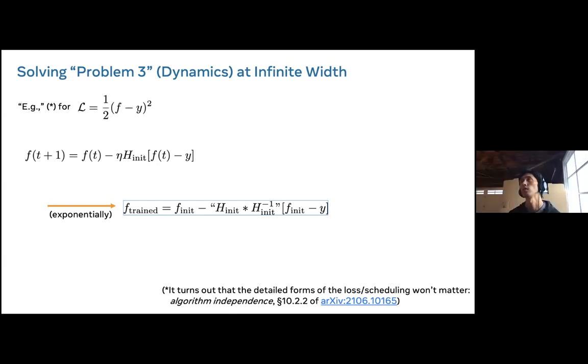Well, it doesn't matter in the sense that if you take the infinite width limit, it depends only on the label you use. As long as those functions are minimized when the function is y, then that y goes into this expression, but other details of the loss don't matter.